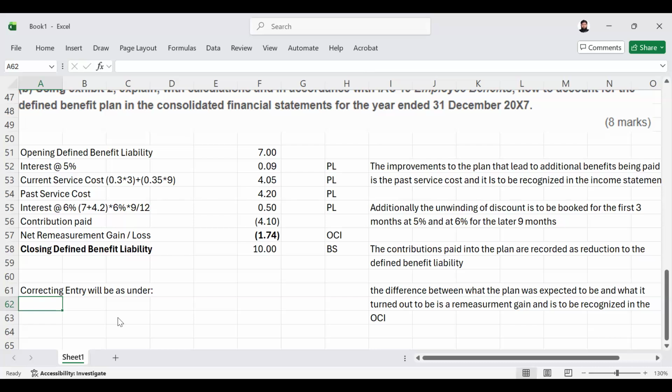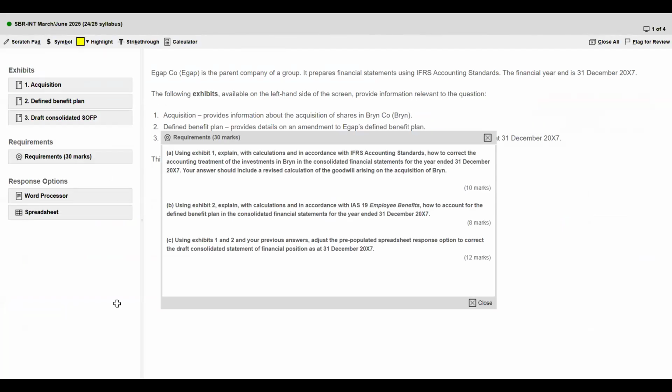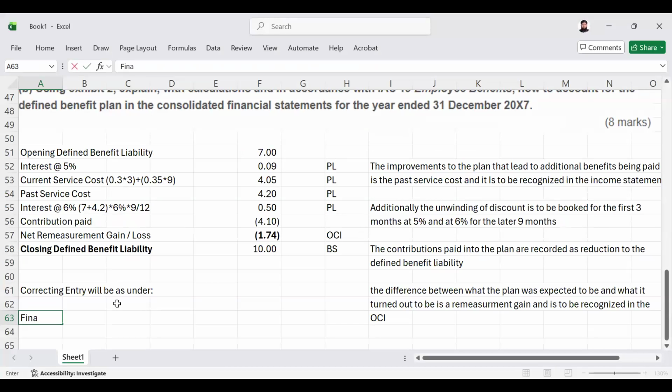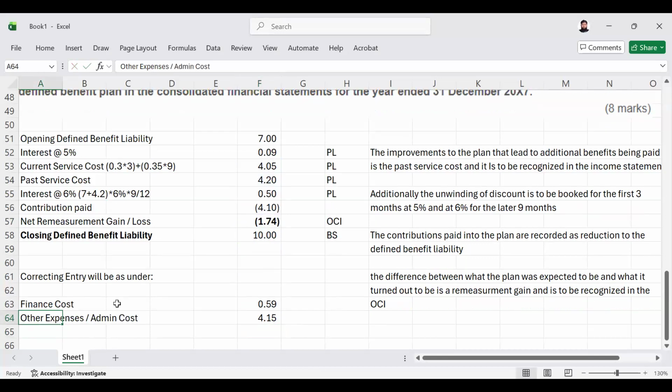Other expenses slash admin cost is debited by 4.15, because 4.15 is the net of 4.05 as one expense, 4.2 as one expense, and contributions paid of 4.15.